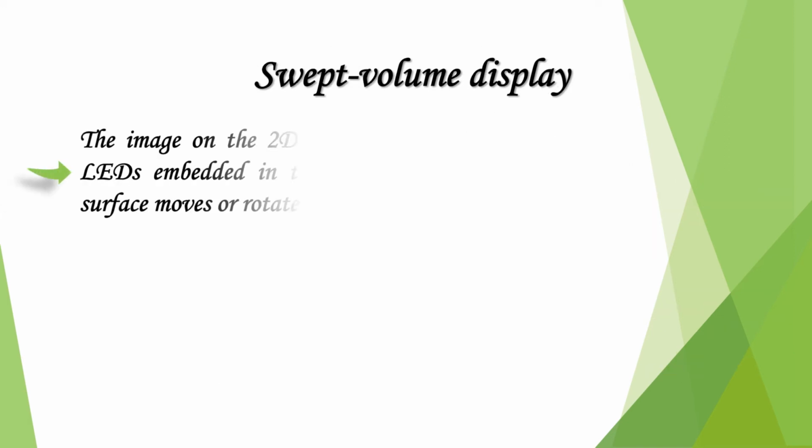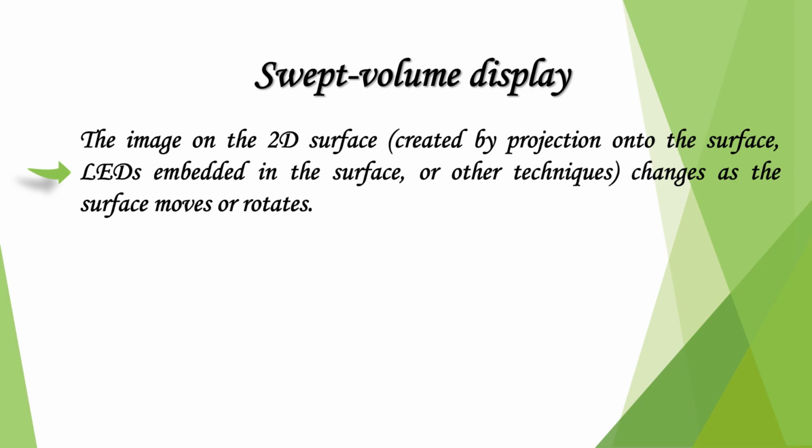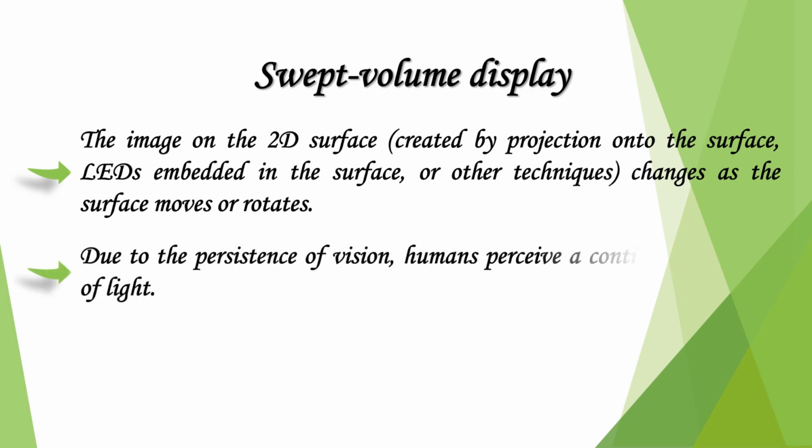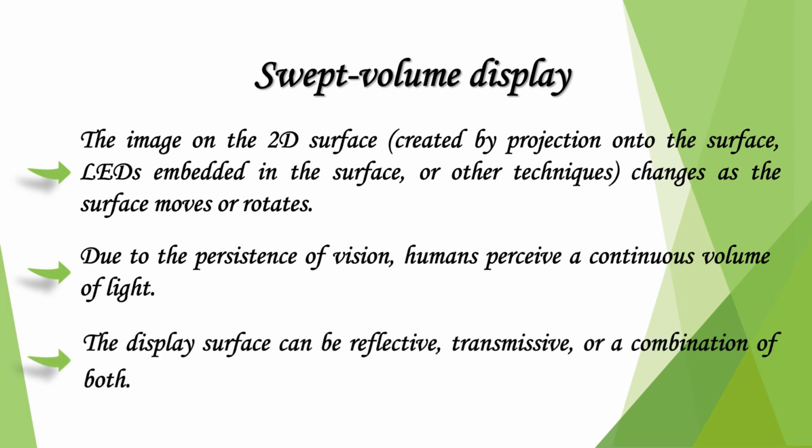The image on the 2D surface changes as the surface moves or rotates. Due to the persistence of vision, humans perceive a continuous volume of light. The display surface can be reflective, transmissive, or a combination of both.